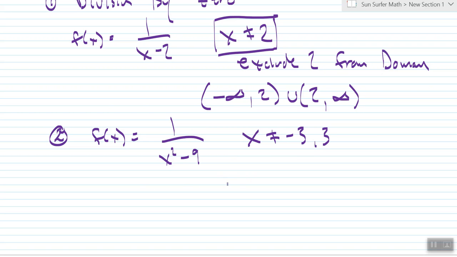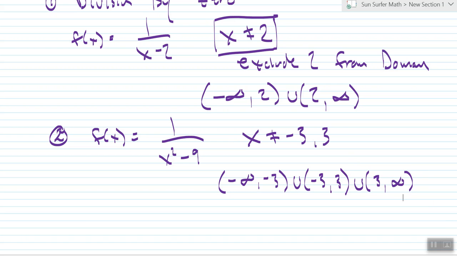Using interval notation, we would want to write this as negative infinity to negative 3, not including the negative 3, union, negative 3 to positive 3, paren, union, and then 3 to positive infinity. It's a little bit more time consuming to write it this way, but sometimes that's the way we need to write it. So that's one of the exceptions to the all real numbers domain.